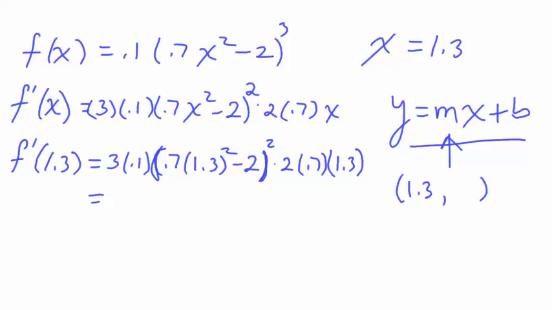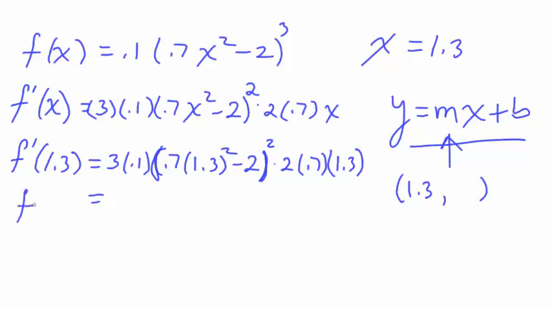And then times 0.7 times 1.3. So let's hope no mistakes are made. I'm typing this into a calculator, and oh my god, I just got an error. Can't believe that just happened. I'm going to have to pause the video and redo that. So hold on there. Okay.